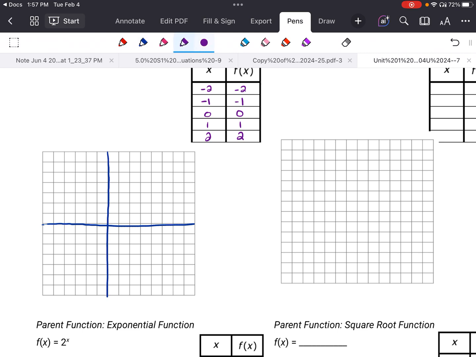So -2 is -2, -1, 0, 1, 2, and so on. So that's the parent function.